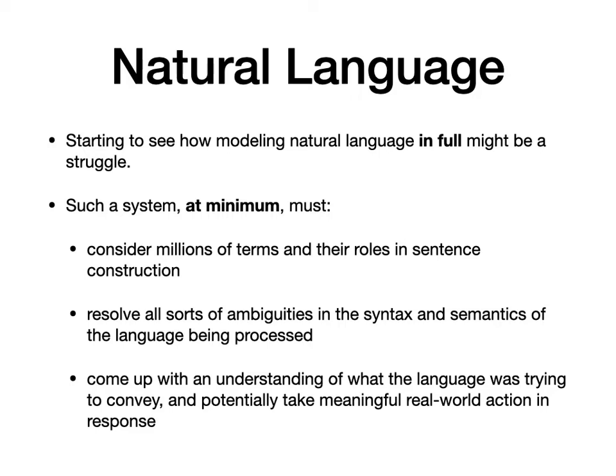There's lots of cases, we'll cover some in a minute, where a sentence won't really make sense right off the bat because one word could mean several different things, or one referent could refer to two different things in the sentence, so sort of a syntactical ambiguity versus a semantic ambiguity. And finally, you'd have to come up with an understanding of what that language was trying to convey, and what actions I want to take based on it, right?